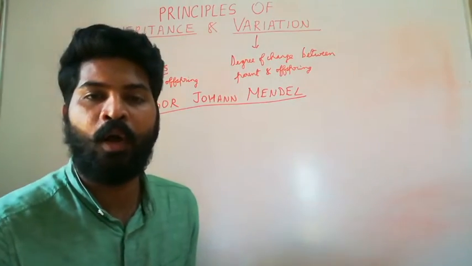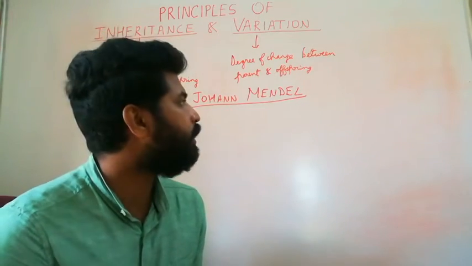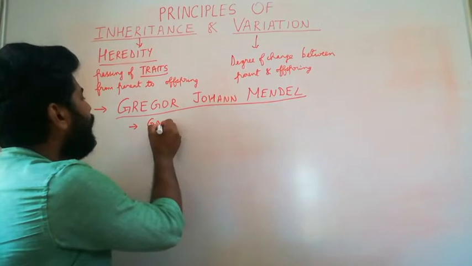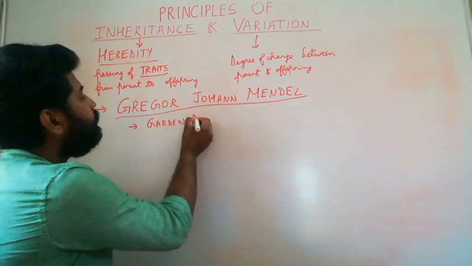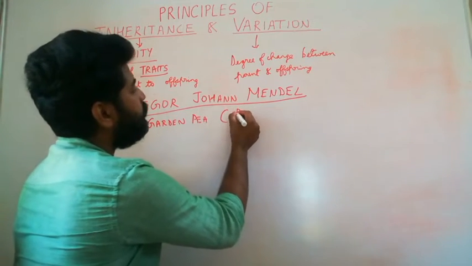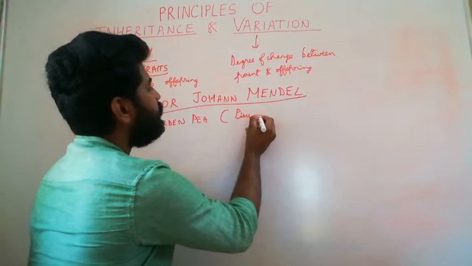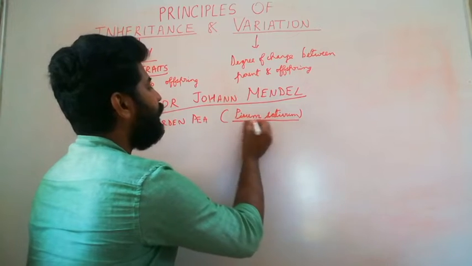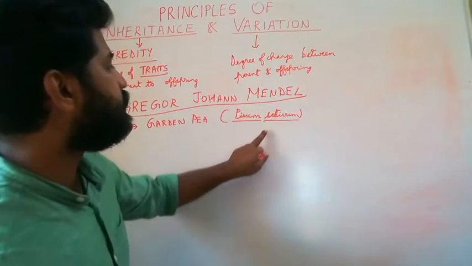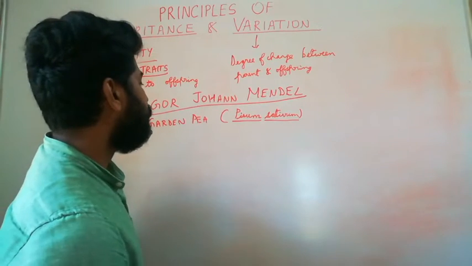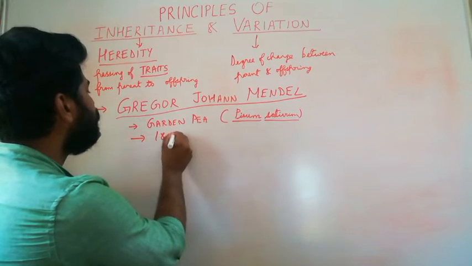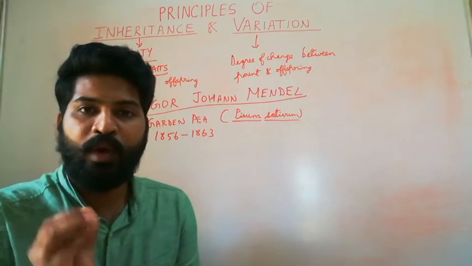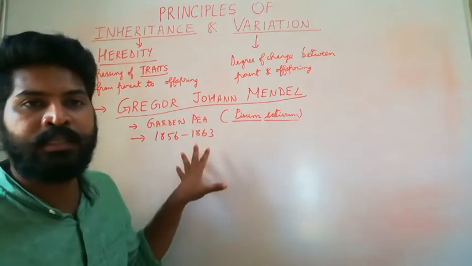Gregor Johann Mendel, or simply Mendel, carried out detailed experiments on the garden pea plant. The scientific name of the pea plant is Pisum sativum. He carried out experimentation on this plant for a period of 7 years, from 1856 to 1863, asking fundamental questions of genetics.